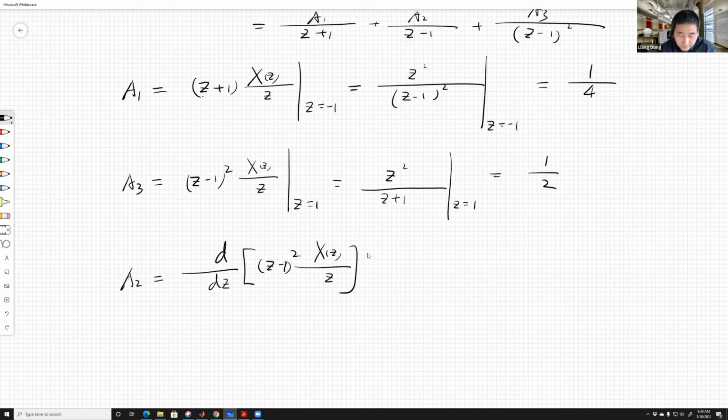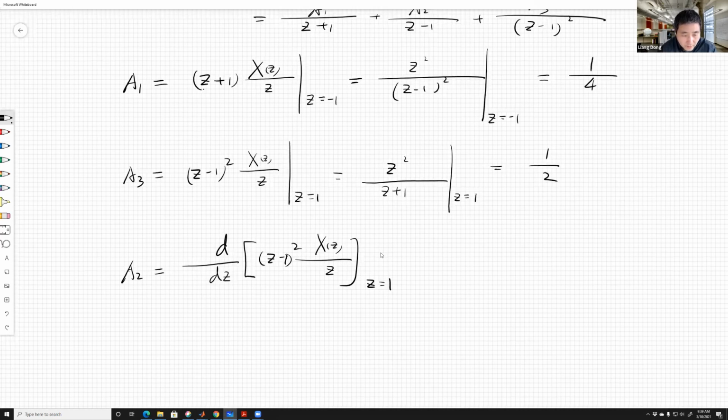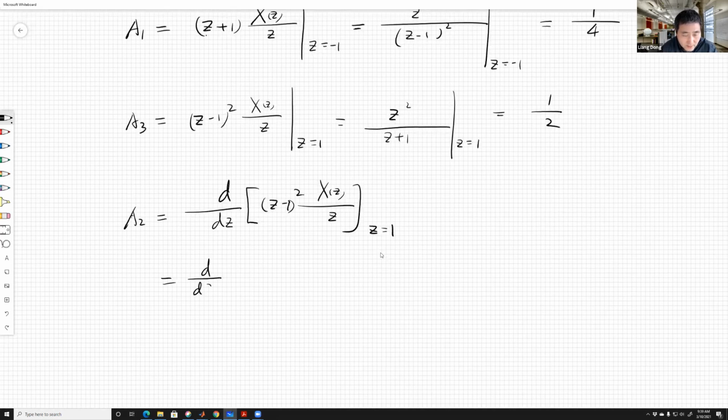Take a first derivative, and then evaluate it at z equals to P2, which is equal to 1. Right? This is what we have shown a few classes before, how we find A2. And let's work this out together. It's not that difficult. So we have a d over dz. So this part we just calculate. That's z squared over z plus 1.